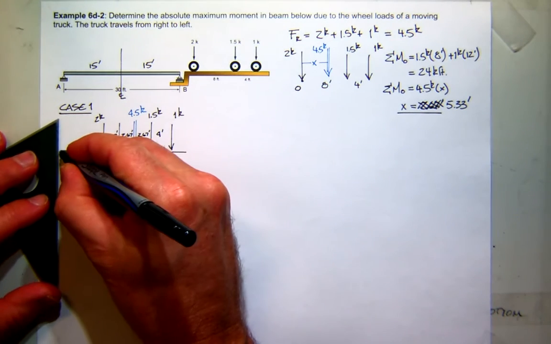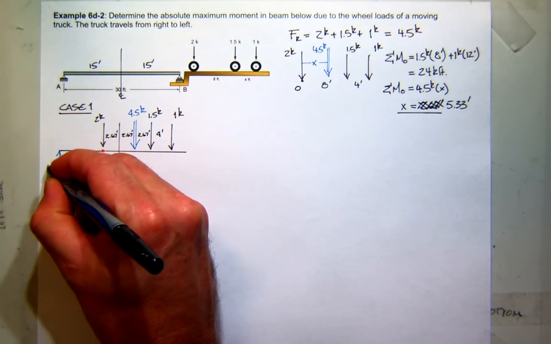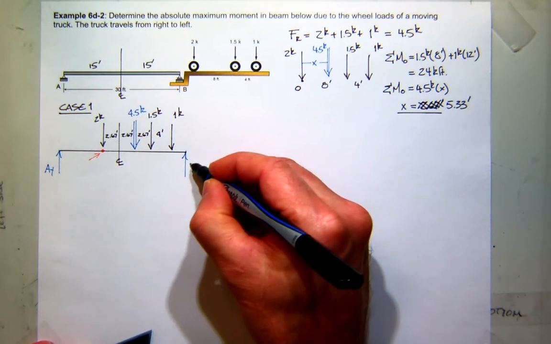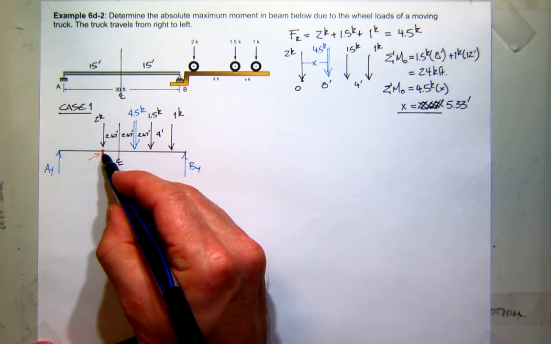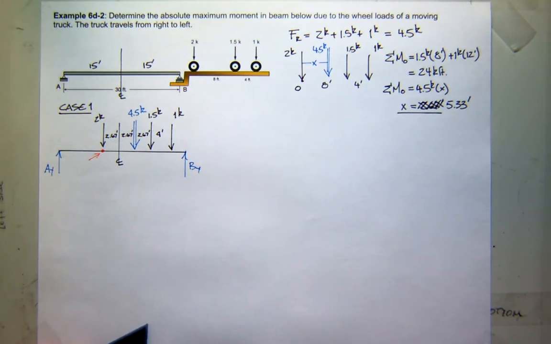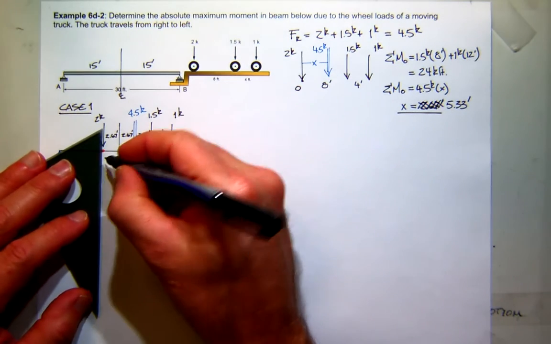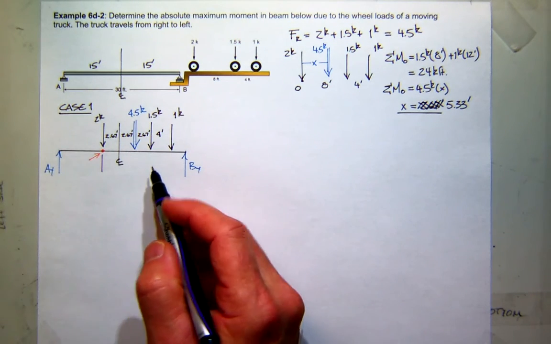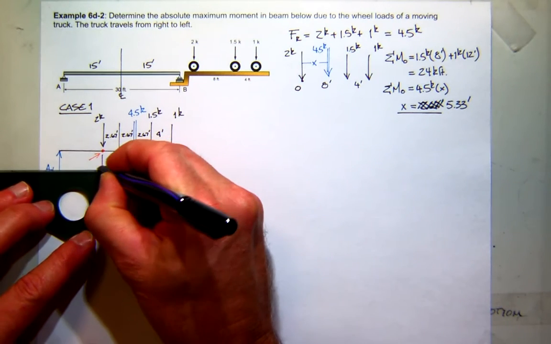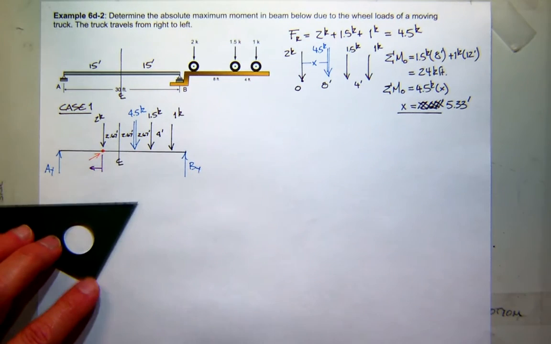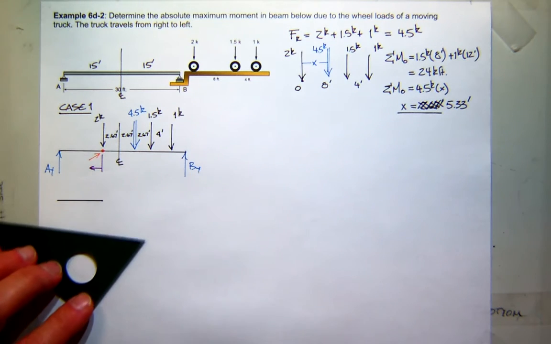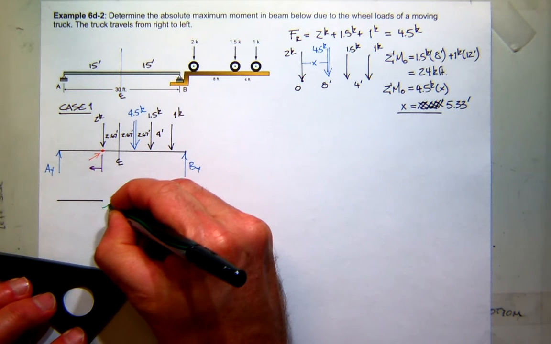So again, looking at the reactions, I would have AY on the left and BY on the right. I'm looking for this. So what would be this part of the curve? When I go to make a cut here, do you want to work the left side or the right side? Yeah, I think the left's going to be easy to deal with here. So if I then draw my free body diagram for that left section, I'm still looking at the moment.